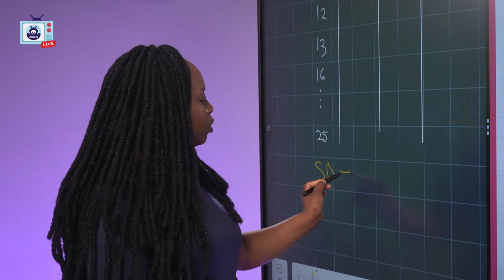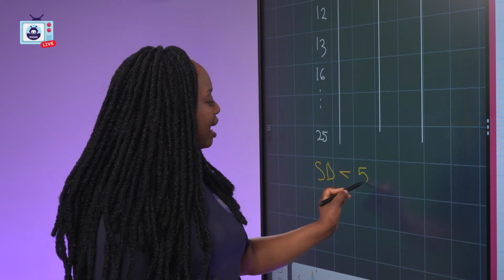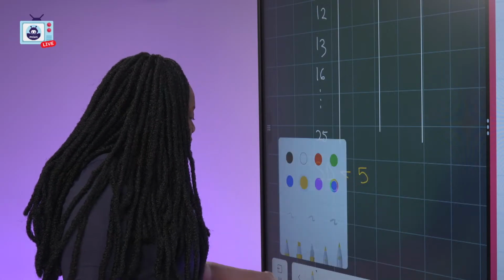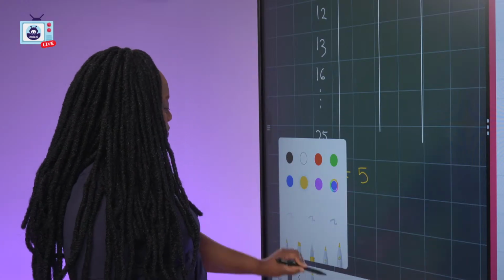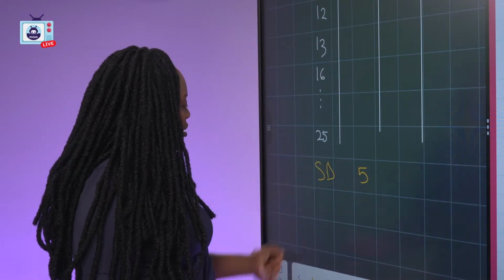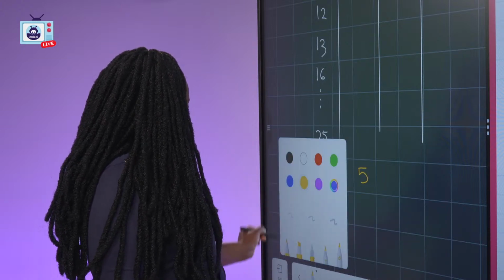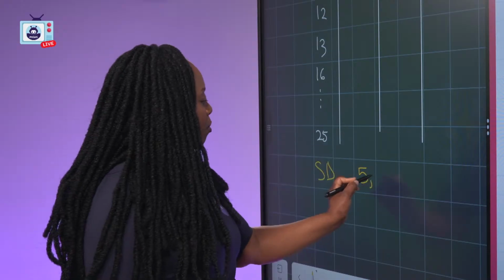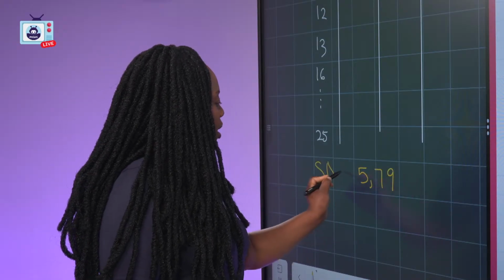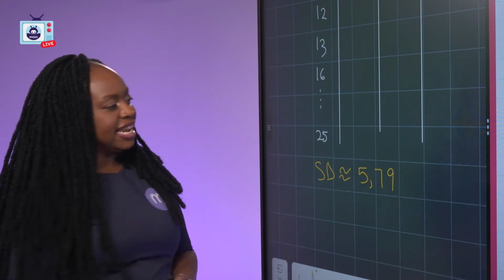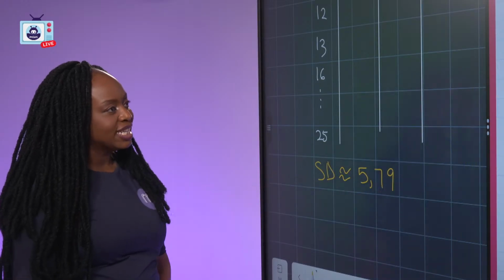It's actually approximately equals to 5,79. So we can write it like that. So that is going to be our standard deviation.